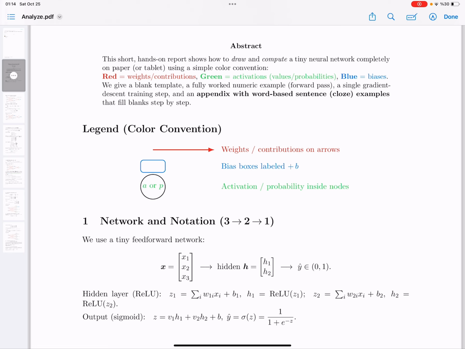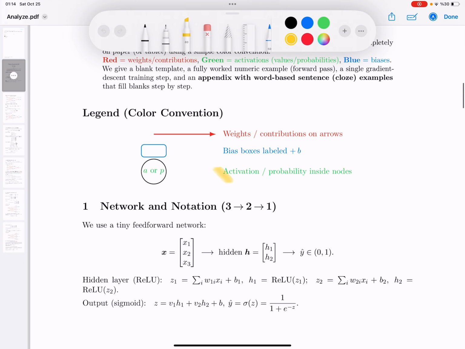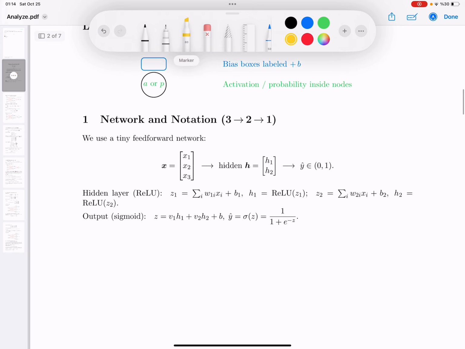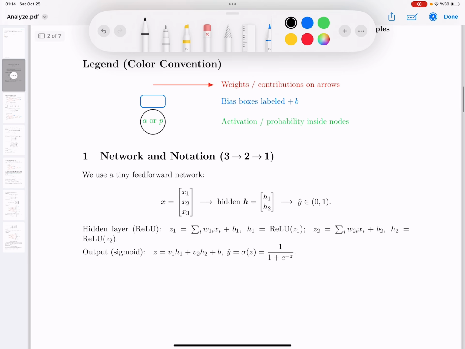I say weights red box, blue box, and this one is activation. I can show it like this so you can understand. Now, as you see, this is what I mean. We started with 3, for example 2, 1.